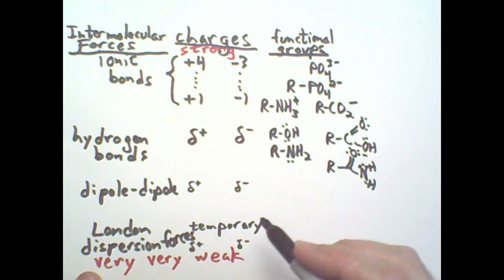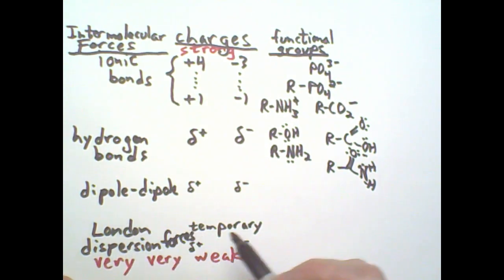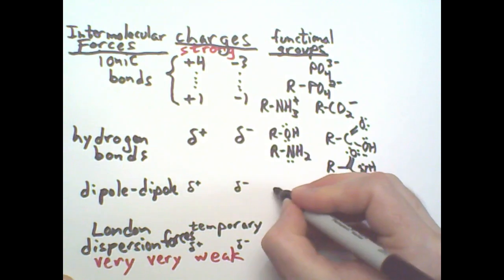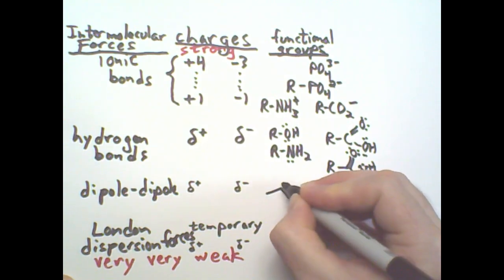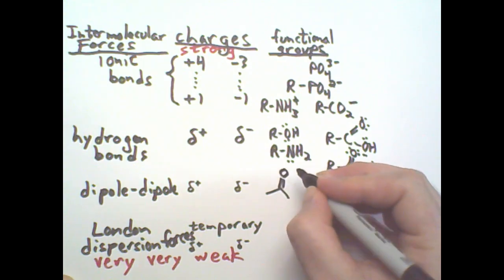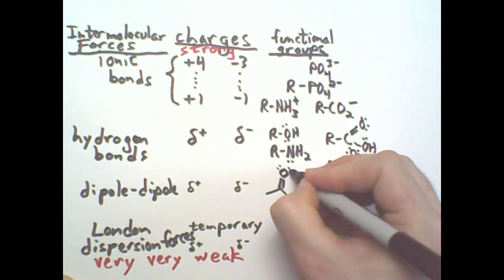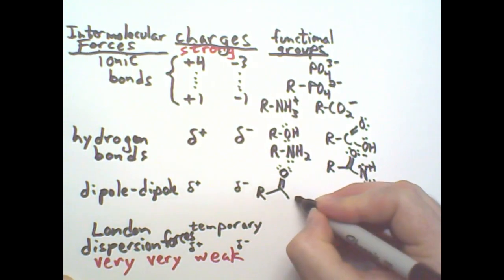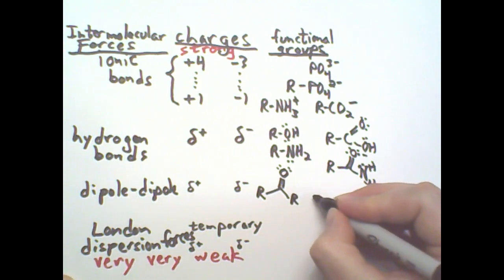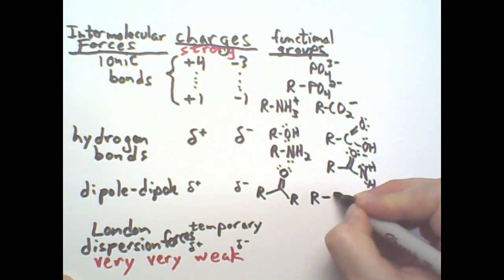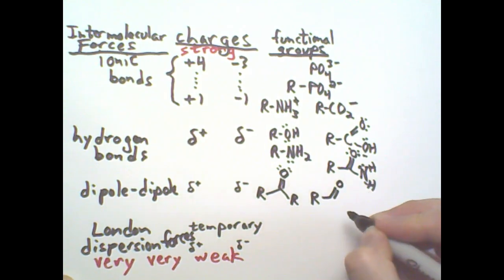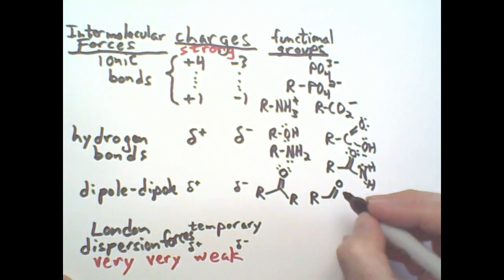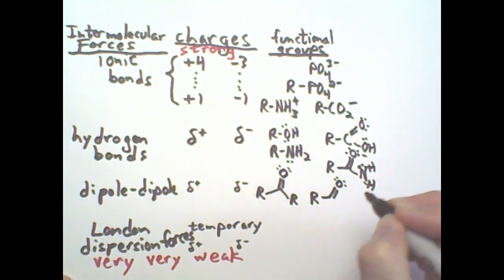All right. Functional groups that do dipole-dipole. Anytime we've got a CO bond, like with a ketone, or an aldehyde, we can have dipoles.